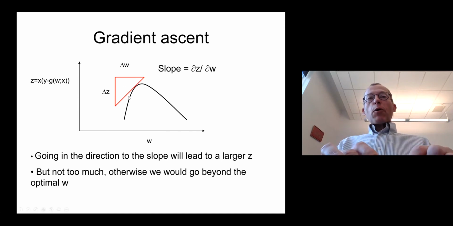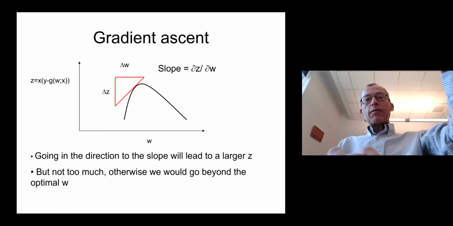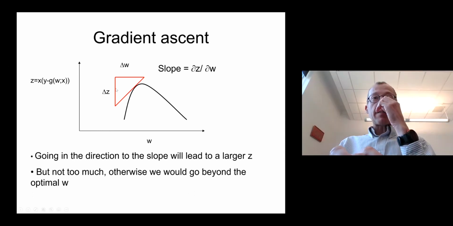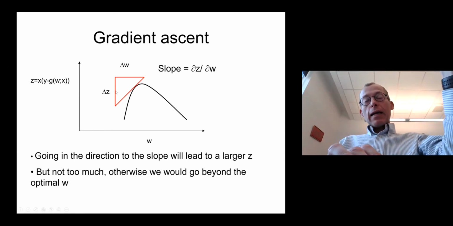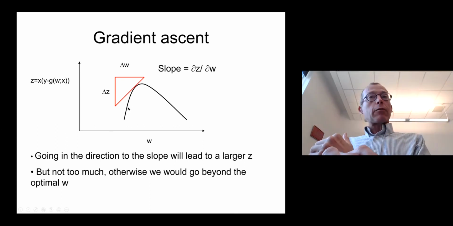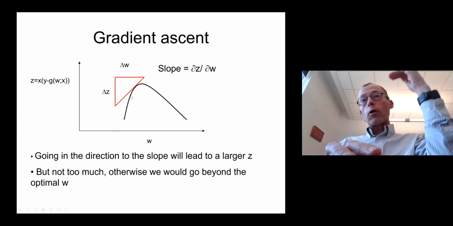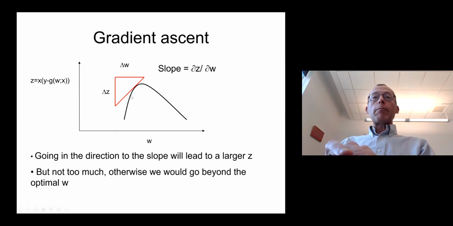If we go from here to here, we see a positive slope, basically the value of the function increases. That means we are in the range where we would like to increase W. If we are here, the slope is positive, which means that if we increase W, we'll go closer to the max value.